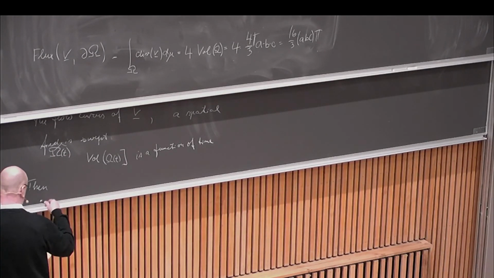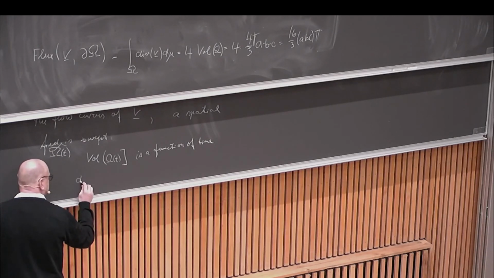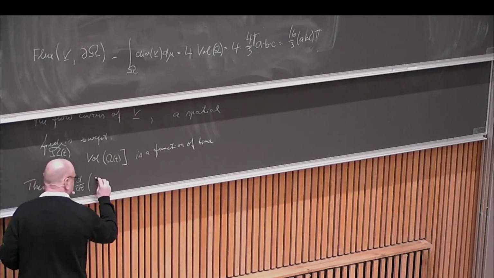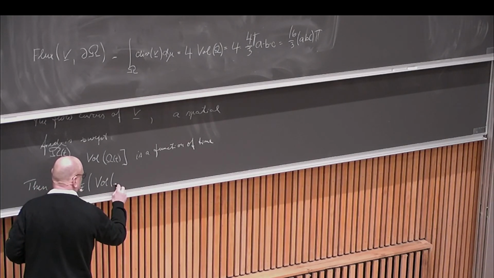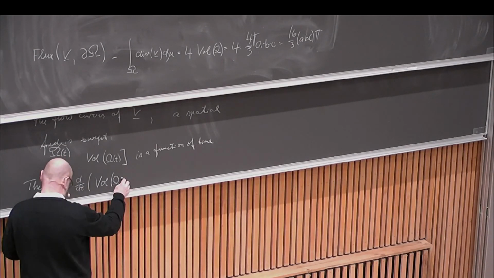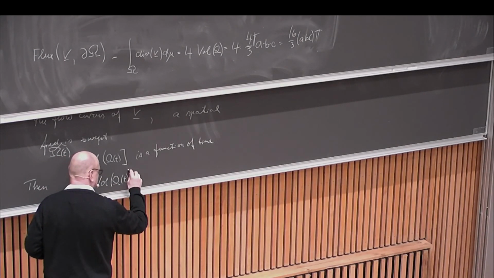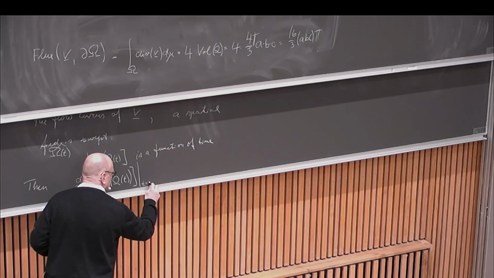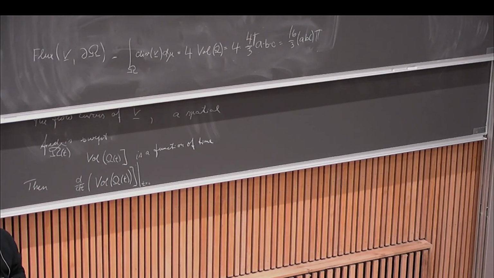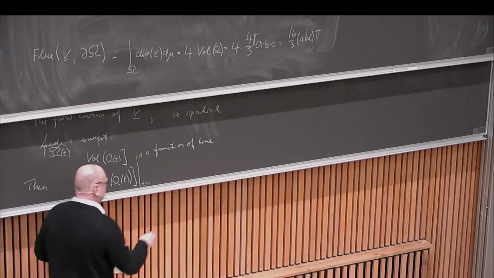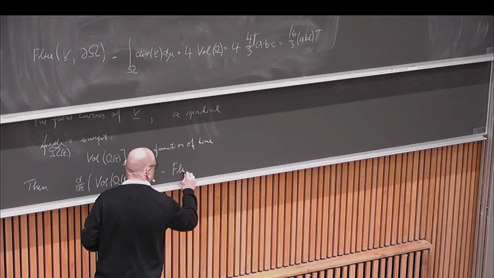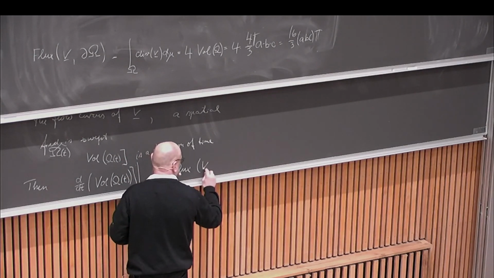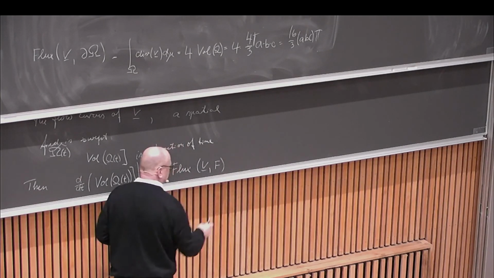Then the derivative, or the rate of change, of this volume taken initially, that is when t is equal to 0, just when it started, then this is the flux of your vector field with respect to this surface F.